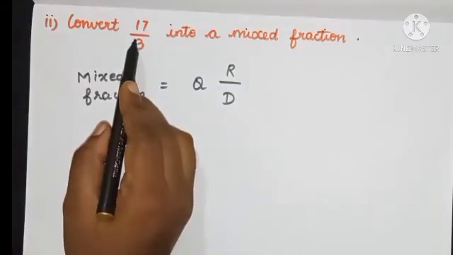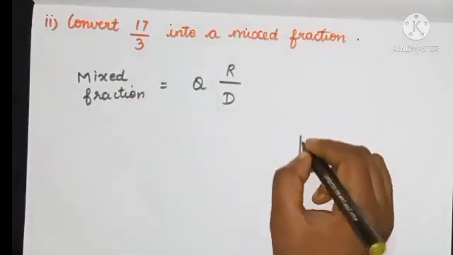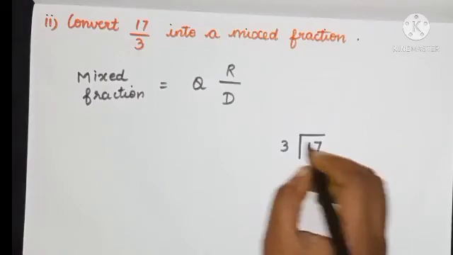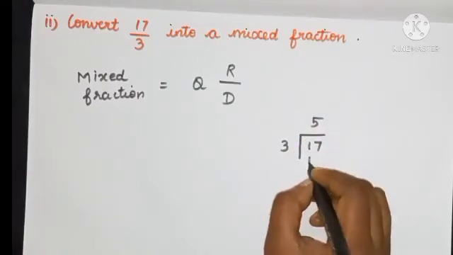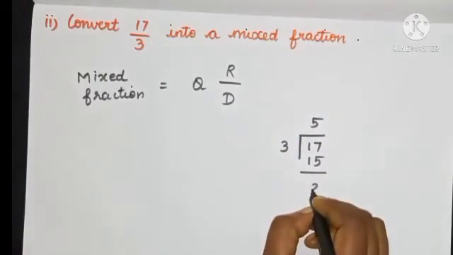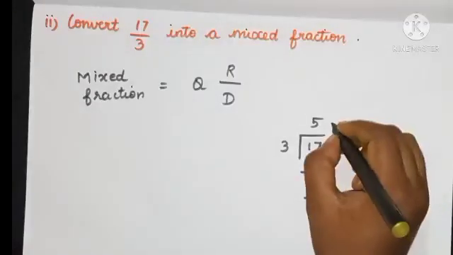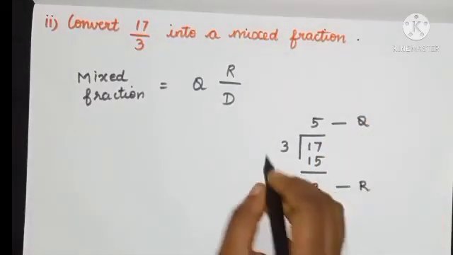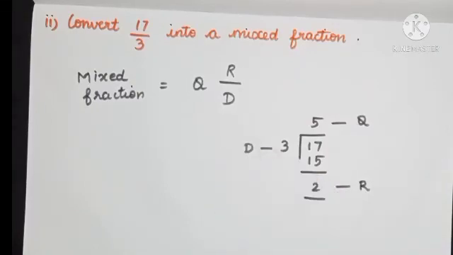First we have to divide 17 by 3. How many times will it divide? 3 5s are 15 and the remainder value is 2. Quotient value is 5, remainder value is 2 and the divisor value is 3.